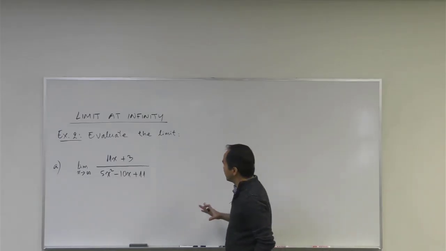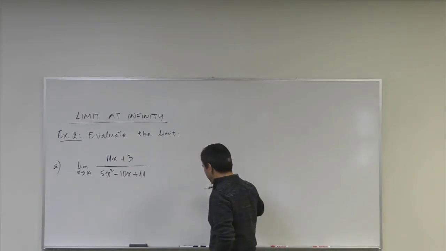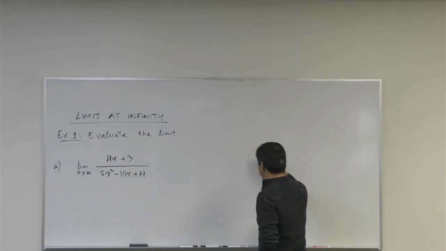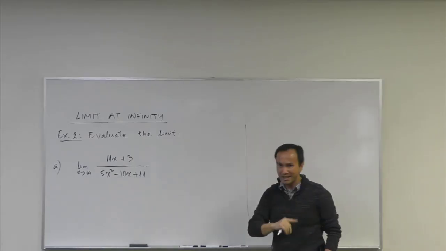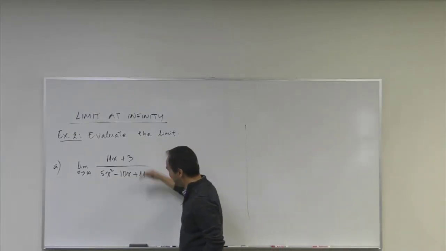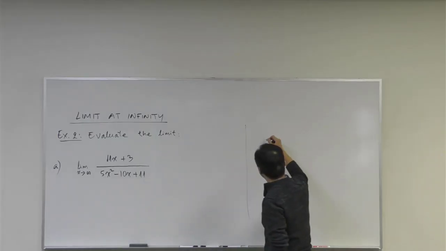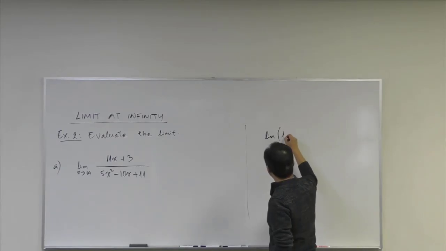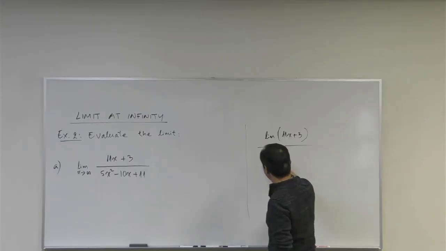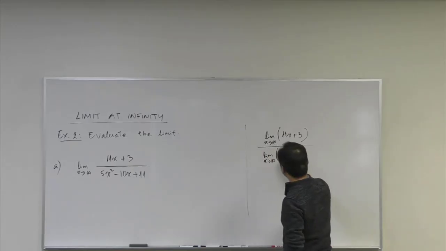Once you've written it down, think about it. This is sort of scratch work level before we put that into formal reasoning. But according to what I said earlier, all limit laws apply, which means, in a way, given how our function looks, we've got a quotient right here. So the limit law says that you can do one separate limit on the 11x plus 3, and then divide that by whatever comes out for the limit as x goes to infinity of the bottom function, 5x squared minus 10x plus 11.